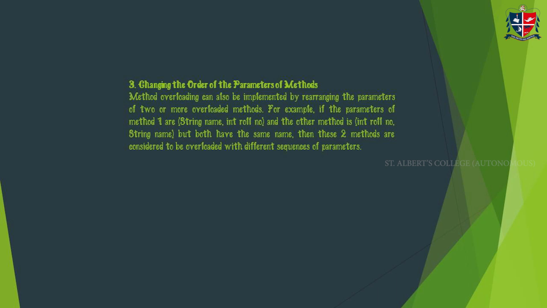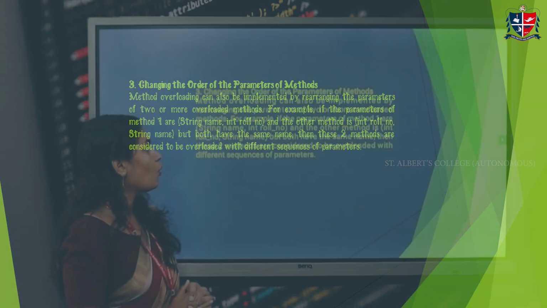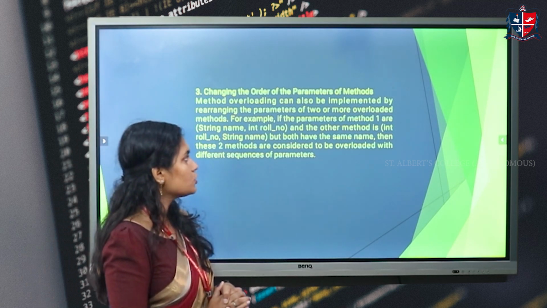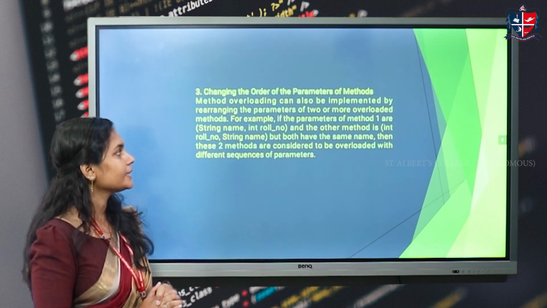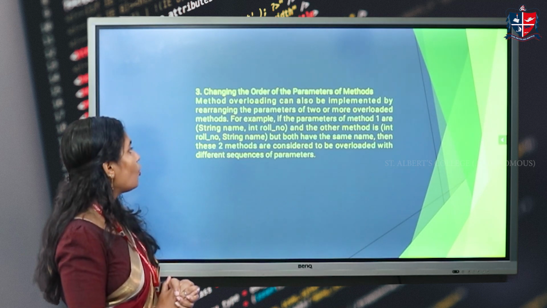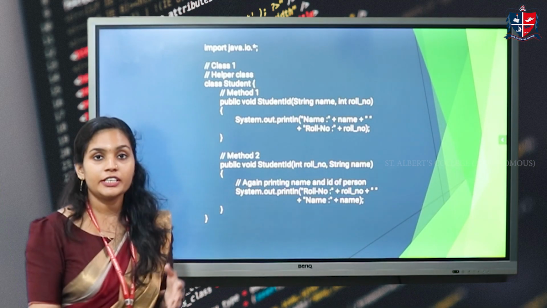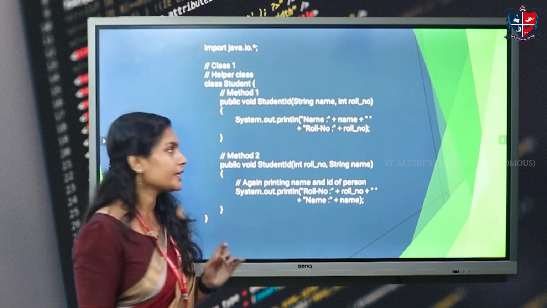And the last type is changing the order of parameters of the method. Method overloading can also be implemented by rearranging the parameters of two or more overloaded methods. That means changing the order of the parameters. The function name is the same but the parameter order is different.